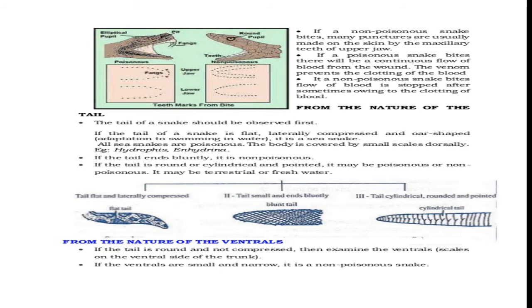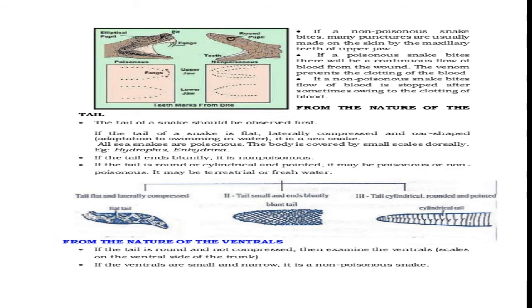If the tail is flat, laterally compressed, and oar shaped, it is a feature of sea snakes. And one more important feature is that all sea snakes are poisonous in nature.